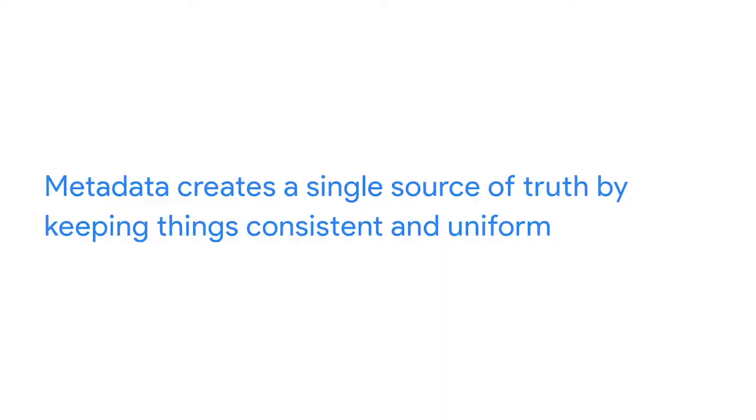Here's one. Metadata creates a single source of truth by keeping things consistent and uniform. We data analysts love consistency, so we always aim for this kind of uniformity in our data and our databases. After all, data that's uniform can be organized, classified, stored, accessed, and used effectively.